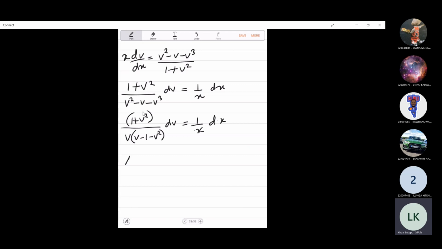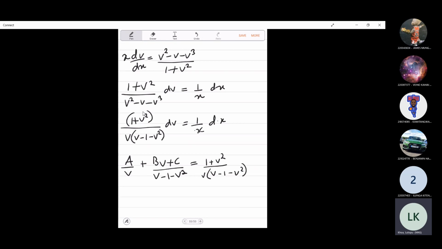So I have a over v plus bv plus c over v minus 1 minus v squared, equal to 1 plus v squared over v minus 1 minus v squared.